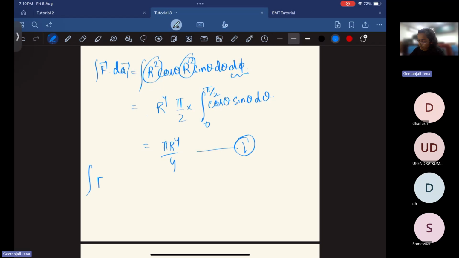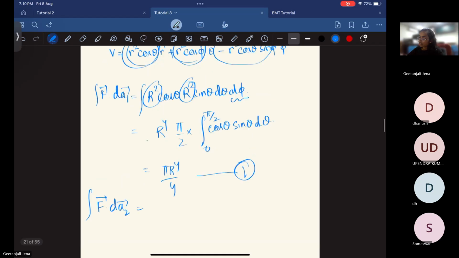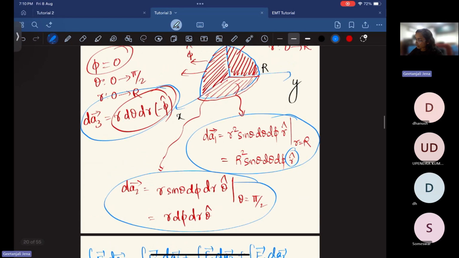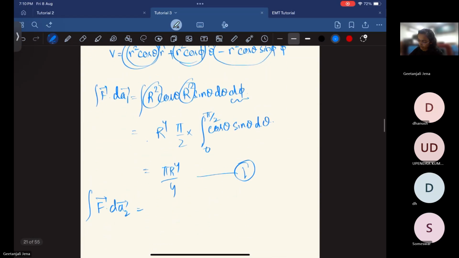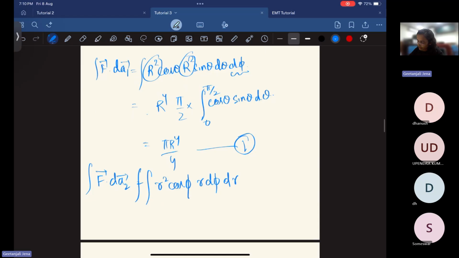For the second one, which is the bottom, dA2, this is in the direction of theta cap. So this will give F dot dA as r square cos phi r d phi dr, and r is from 0 to capital R, phi is from 0 to pi by 2.